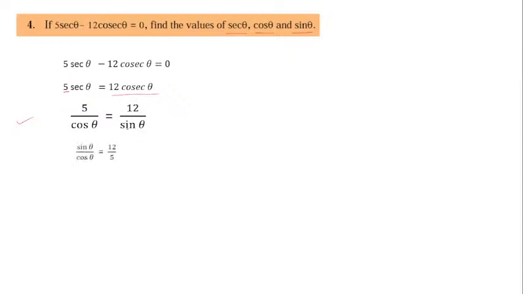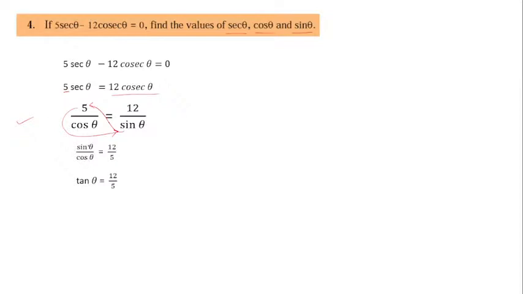Now this time we'll take sin theta to the left hand side, so it would be in the numerator, so as to have sin theta divided by cos theta, and we'll transfer 5 to the right hand side so as to have it in the denominator, that is equal to 12 divided by 5. So sin theta divided by cos theta, we know the relation, that is tan theta is nothing but sin theta divided by cos theta.